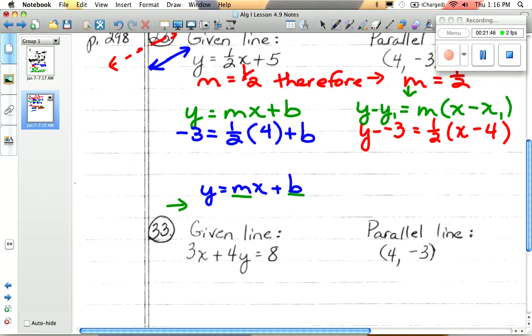Okay? Which one do you want to do to get the equation of the parallel line? And it should be done in your notes.